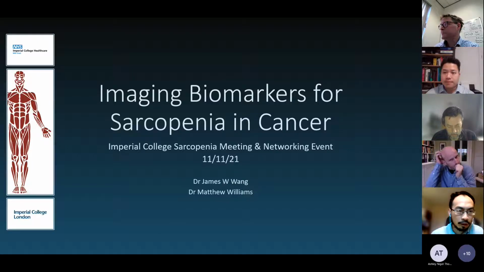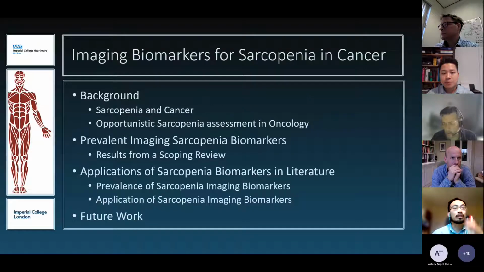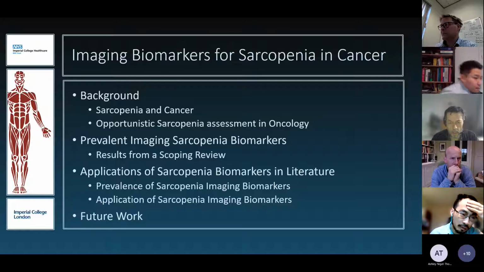Background work I've done includes looking at imaging biomarkers in sarcopenia for cancer, because we're the computational oncology lab, and I'm very aware this field is much bigger than what is just in cancer. So what I'll be talking about is looking at sarcopenia from a non-cancer viewpoint and also from a cancer viewpoint, and then talking about why we're particularly motivated to do this in cancer because of the availability of imaging in oncology.